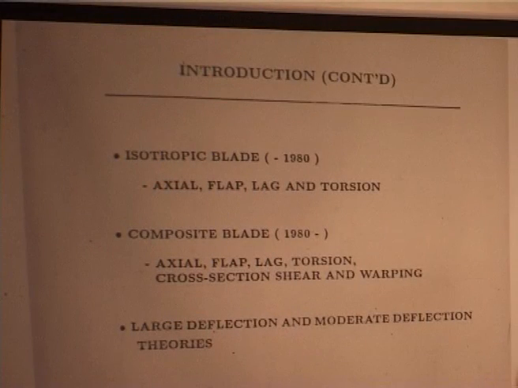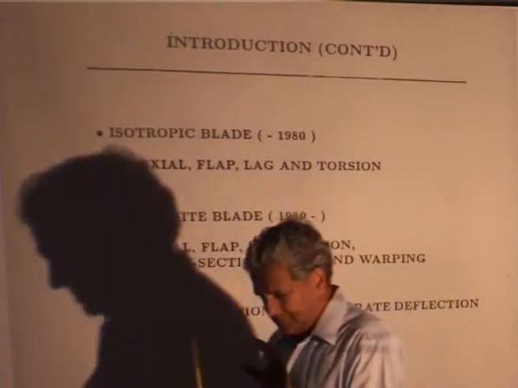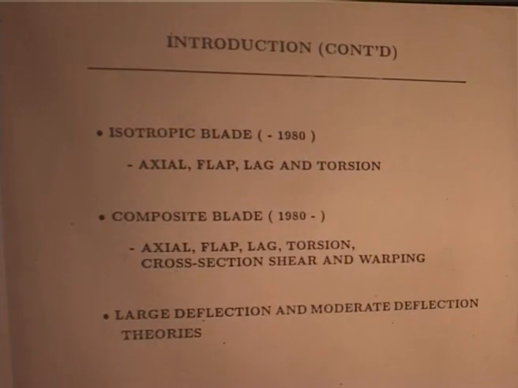Now, just to give you a brief history, for the isotropic blade, the real formulation started actually in the 1950s. Houbolt and Brooks, that was the first paper he wrote, on axial, flap bending, lag bending, torsion. But there were a few mistakes.